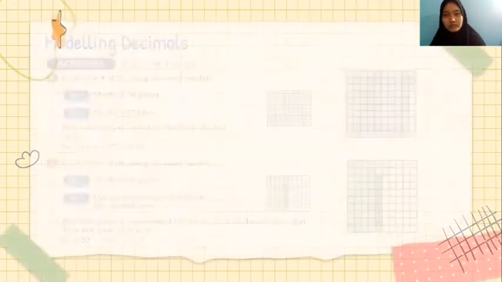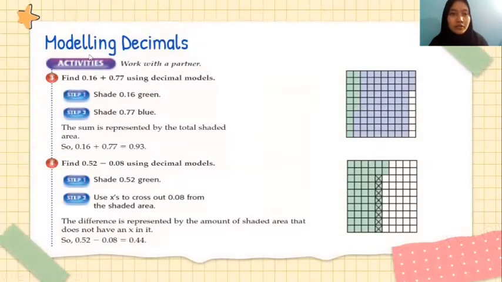Next, this is modeling decimals. First one, find 0.16 plus 0.77 using decimal models. As we learned before about decimal models, first step is shade 0.16 as the green one.